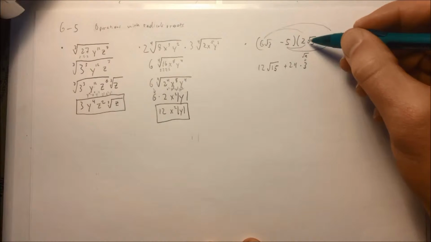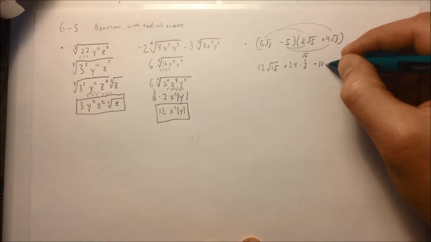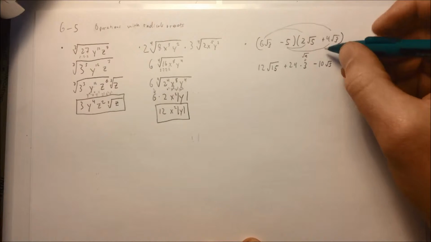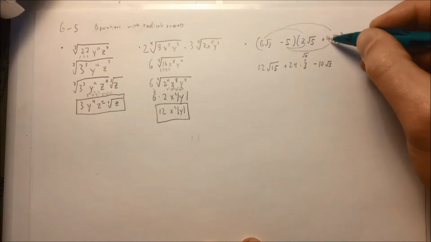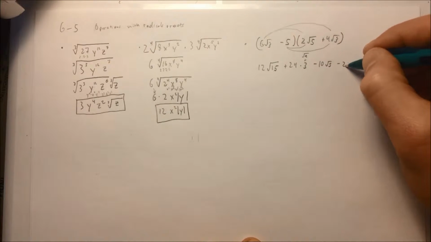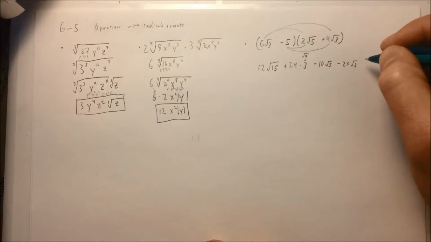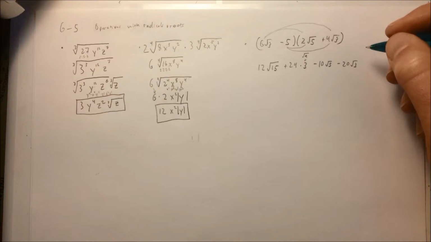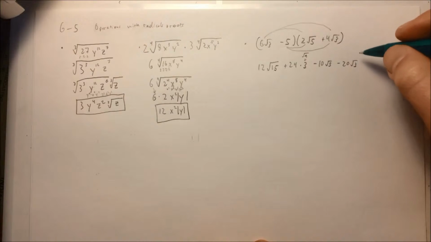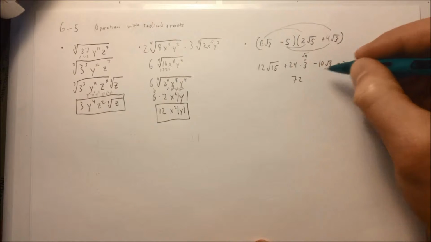Negative 5 times 2 times the square root of 5, and we'll get negative 10 times the square root of 5. Then negative 5 times 4 times the square root of 3. Negative 5 times 4 is going to be negative 20 times the square root of 3. And let's see if I can combine any of these. Well, I can multiply that, which gives me 72.